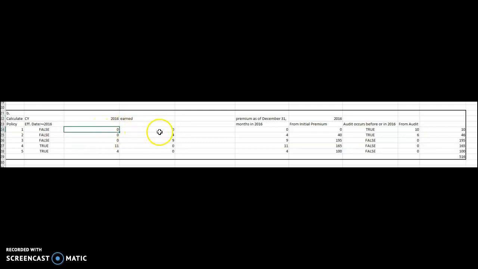By the given information, we know policy 1 doesn't have any proportion in 2016, policy 2 has 4 months in 2016, policy 3 has 9 months, 11 months for policy 4, and 4 months for policy 5.